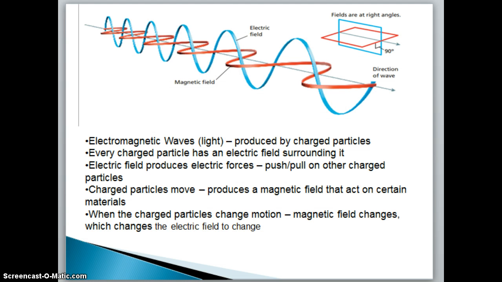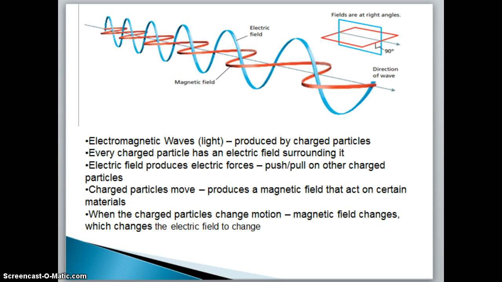Now, when electromagnetic waves travel, remember they don't need a medium, and they're produced by charged particles. Every single little charged particle has an electrical field surrounding it. And as those charged particles move, they produce a magnetic field as well. The charged particles will move up and down, and as they're moving up and down, they create a magnetic field around them that moves perpendicular to them.